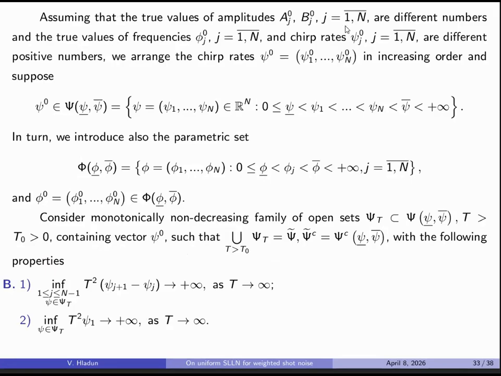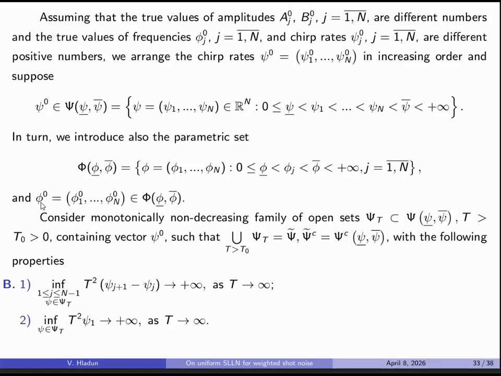Next, we assume that the two values of amplitudes A_j0, B_j0 for each harmonic are different numbers, and the two values of frequencies phi_j0 and psi_j0 are different positive numbers, and we arrange the chirp rates, these parameters psi_0, in increasing order, and suppose that the vector of these parameters belongs to such a parametric set, capital psi.